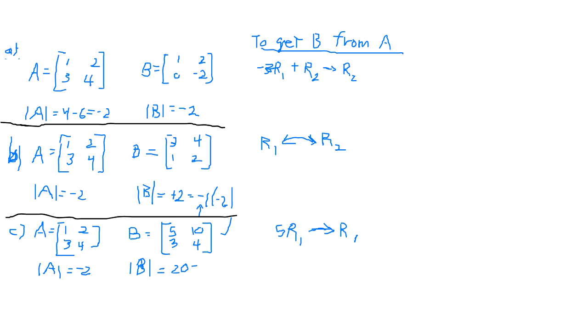Good, Solomon. Good, Wastina. It equals negative 10, which you might note is 5 times the determinant of A, which was negative 2. Negative 10 is 5 times negative 2.